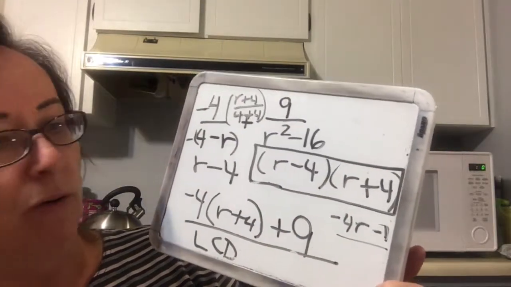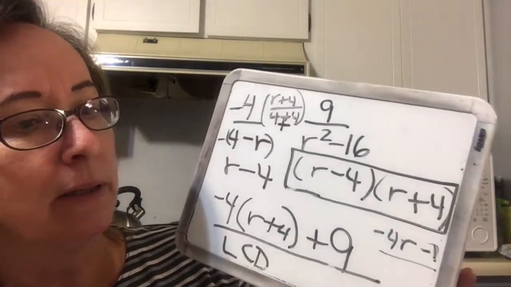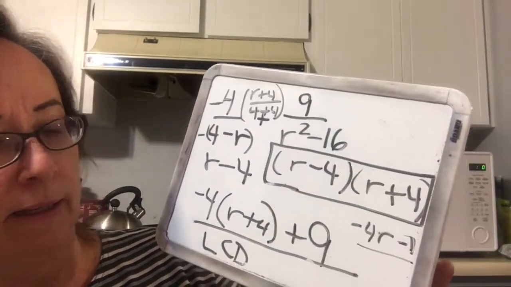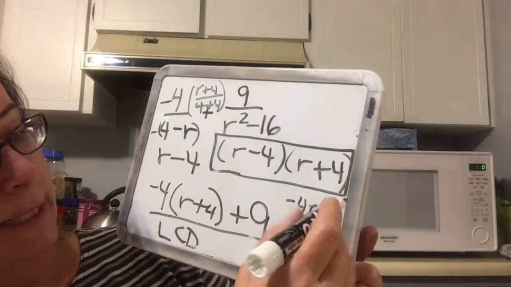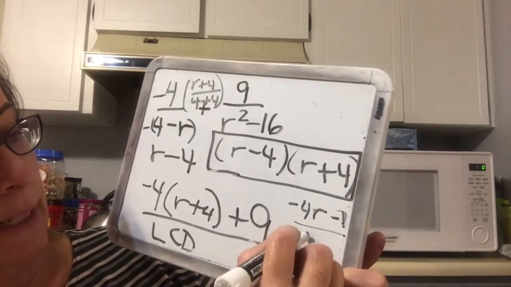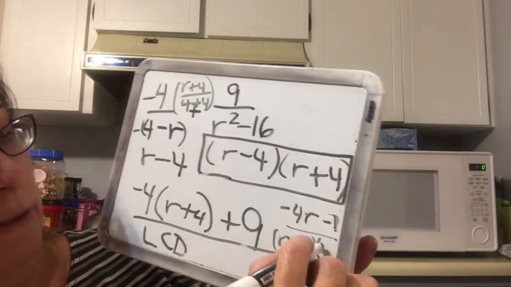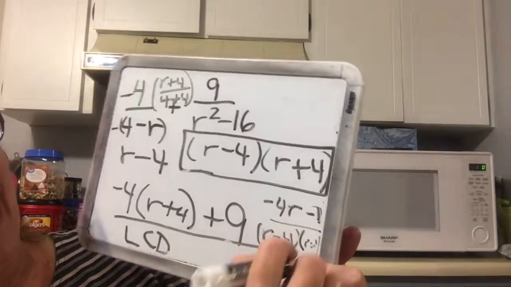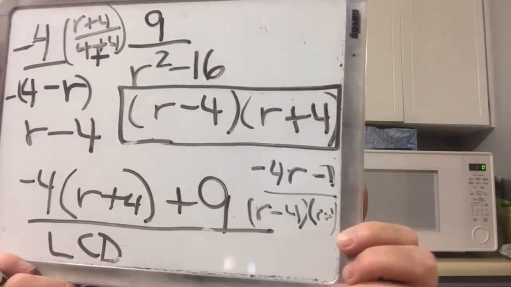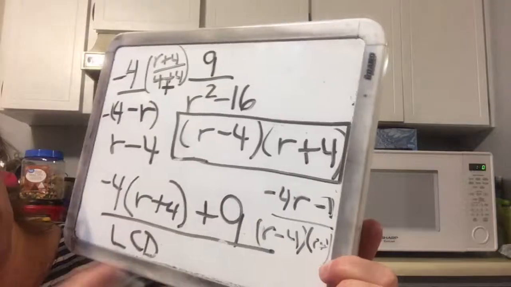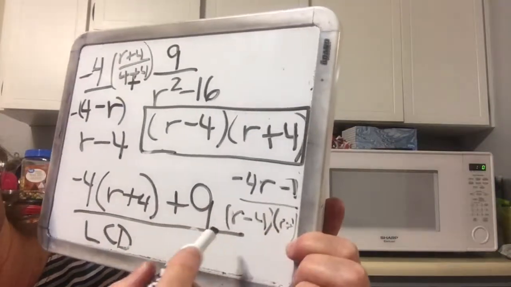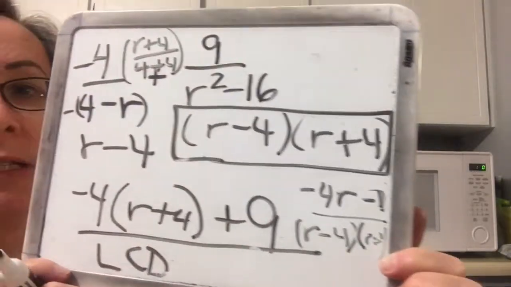Okay, and so when I finish that up, I get negative 4r minus 7 over r minus 4, r plus 4. And we'll pretend that I wrote that out. Okay, so negative 4r minus 7 over r minus 4, r plus 4. And that is the end of 8.2.